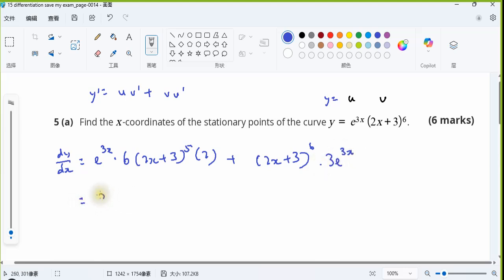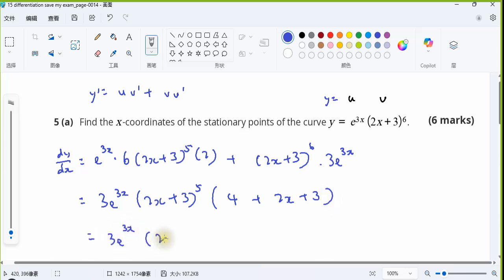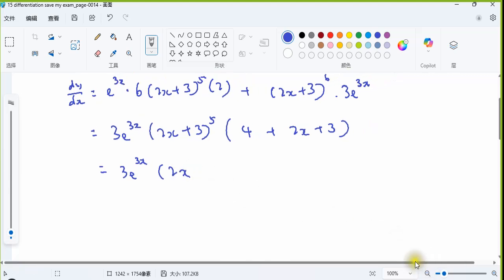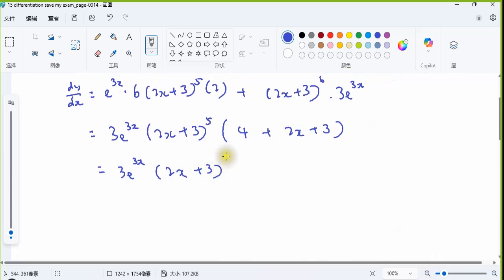So we can factorize 3e to the 3x (2x plus 3) to the power 5. Then we have 4 plus 2x plus 3. So we have 3e to the 3x (2x plus 3) to the power 5 (2x plus 7).